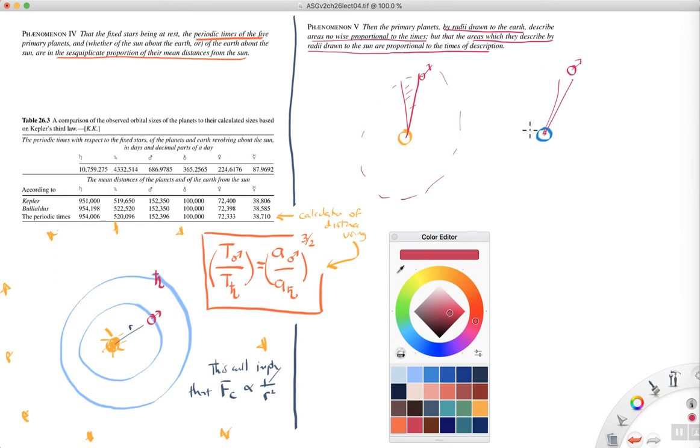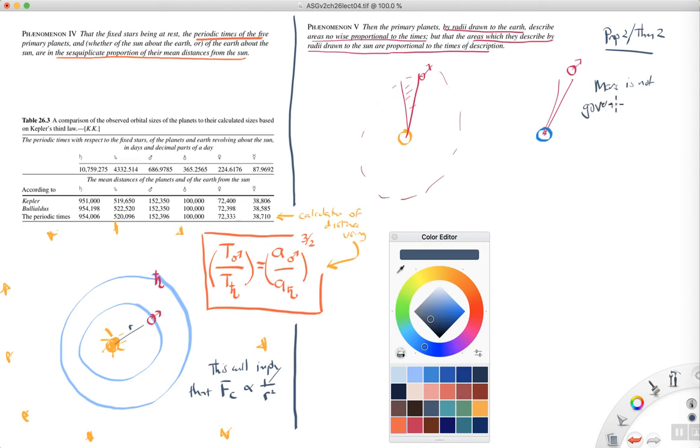The main point he's making here is that he's referring back to his proposition 2, theorem 2, which, remember, said if something is orbiting around something else and the area that it sweeps out is proportional to the time, that implies that there must be a centripetal force acting toward that central point. So by this, he's going to argue that Mars is not feeling a centripetal force toward the Earth.